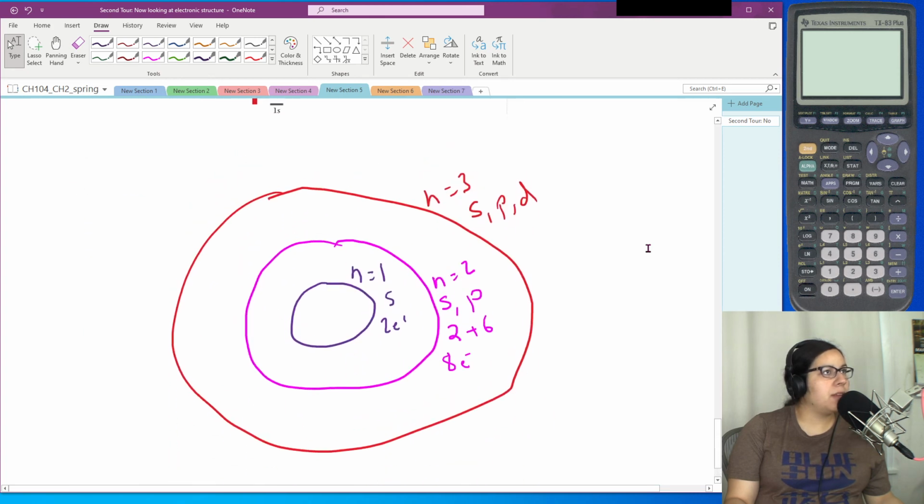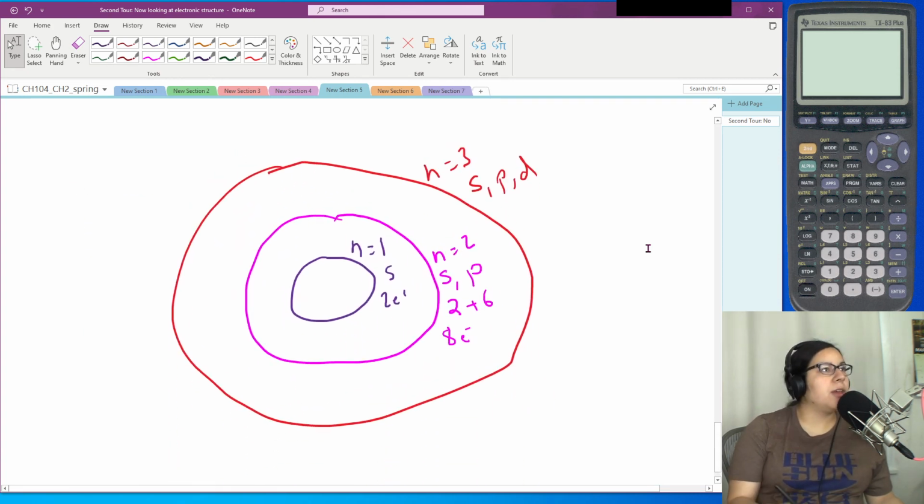If you've taken high school chemistry, you may have seen this 2, 8, 18 pattern. This is where it's derived from. In n equals 3, the s contributes 2, plus 6 from the p, plus 10 from the d. That gives us 18 total electrons in the n equals 3 shell.